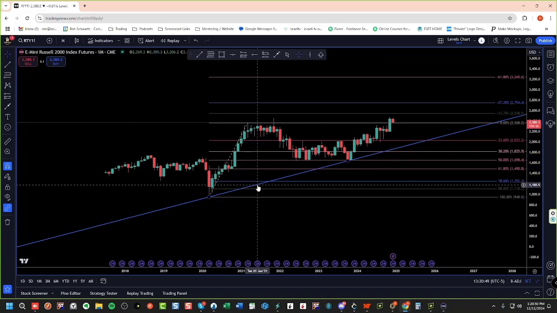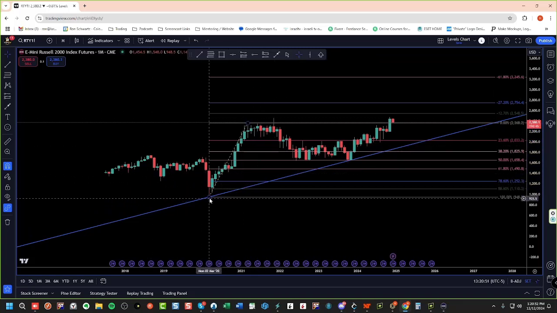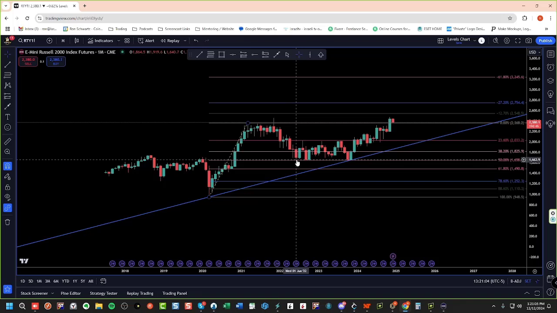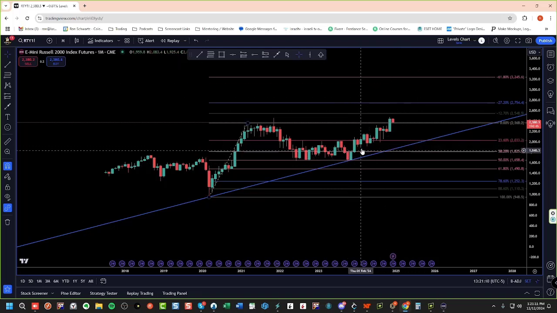So I don't know how much you guys know about Fibonacci, but from the low of this move on the Russell to the first high that we got, forget about this, when it started to retrace, we pulled back 50%. Never more than 50%, and then we went back up.